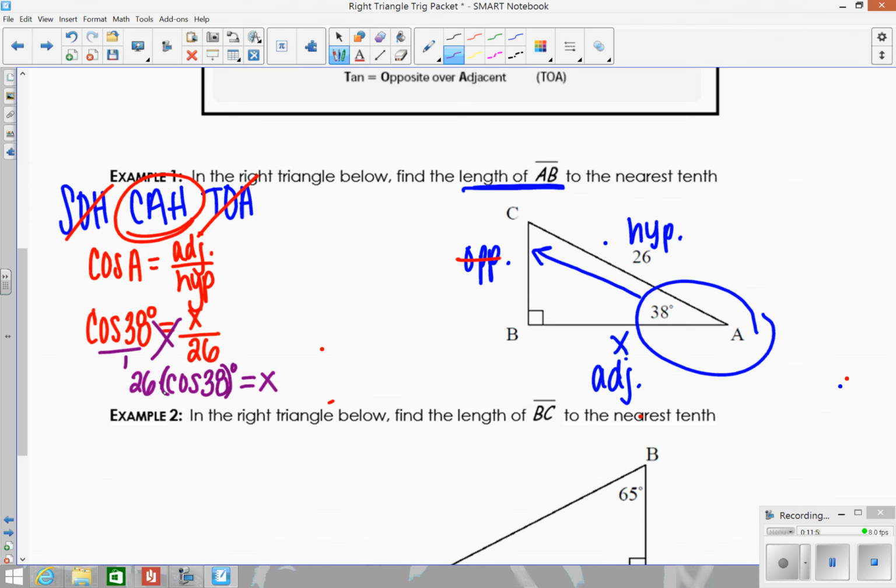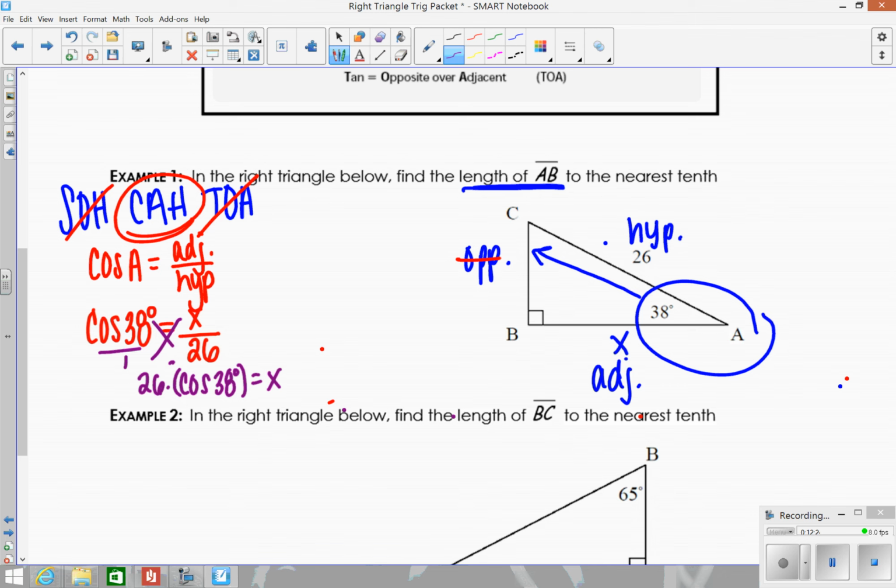And I don't want to have to worry about rounding too soon, so I just left it like this, and I'm going to enter this whole thing into my calculator just as I see it. Don't worry about the degree symbol. The parentheses should really be here. Just go ahead and type in 26 times cosine 38 degrees, and your calculator will put the 38 in parentheses.